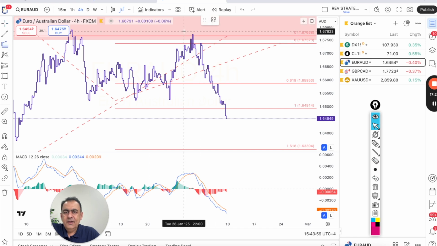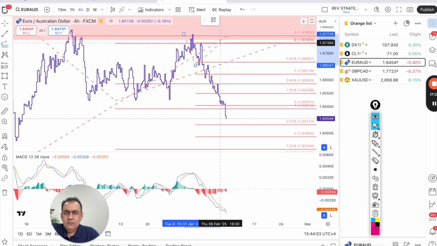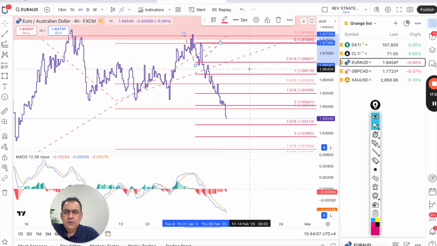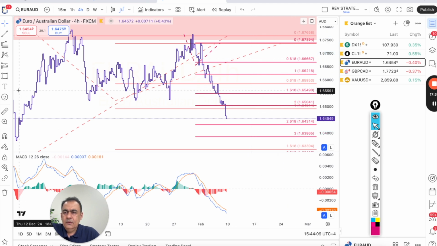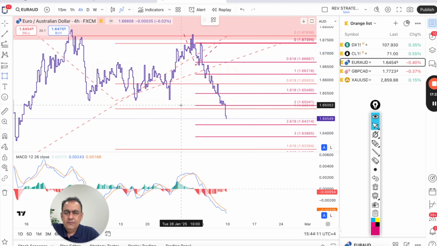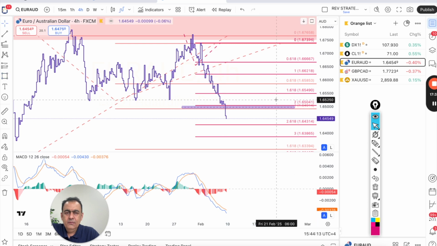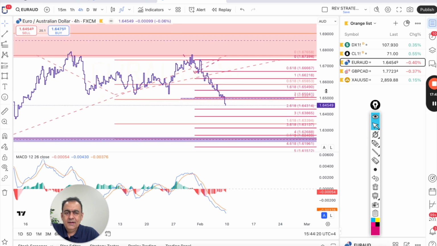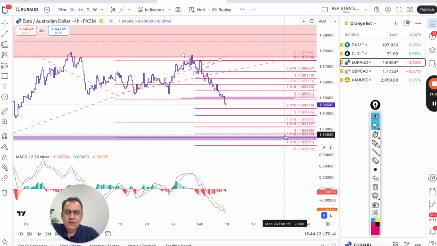So let's apply one more fib extension and change the color here. So now it has crossed a super strong zone with massive price action. A lot of momentum is seen here, and I can see another confluence coming around this area.